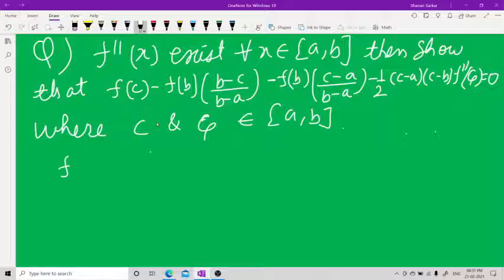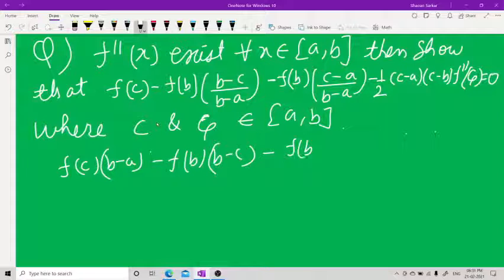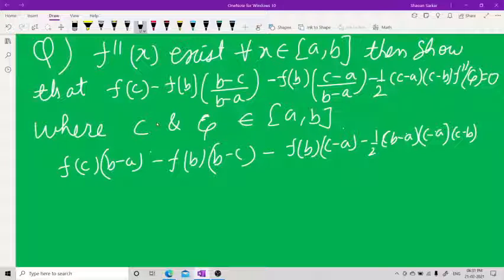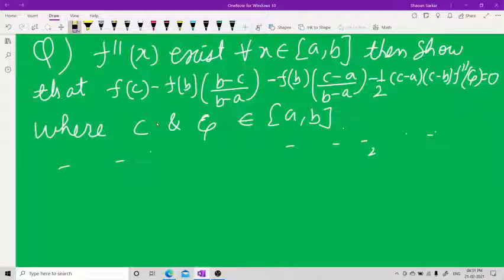So this becomes f(c)(b minus a) minus f(b)(b minus c) minus f(b)(c minus a), and then minus half (c minus a). Let us write this as b minus a first, because we are cross multiplying b minus a everywhere: (b minus a)(c minus a)(c minus b). Let us rewrite this all.